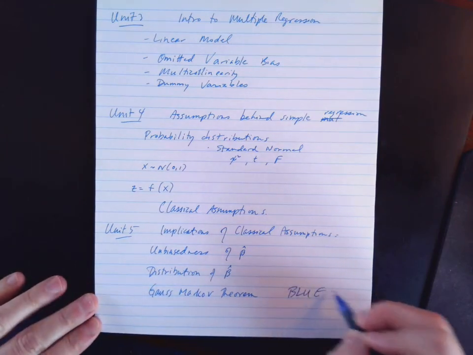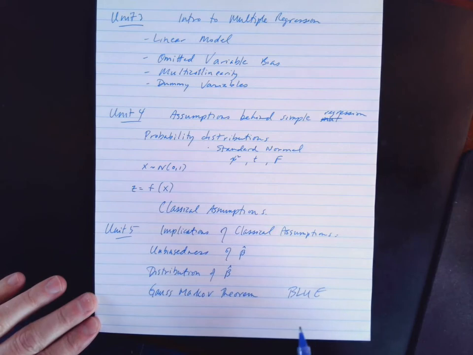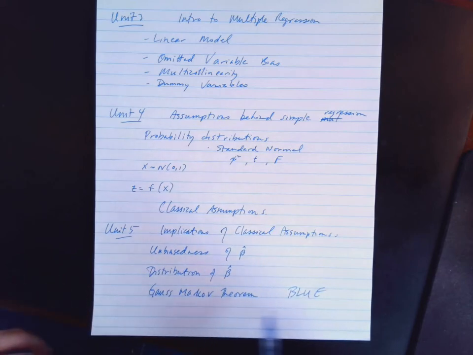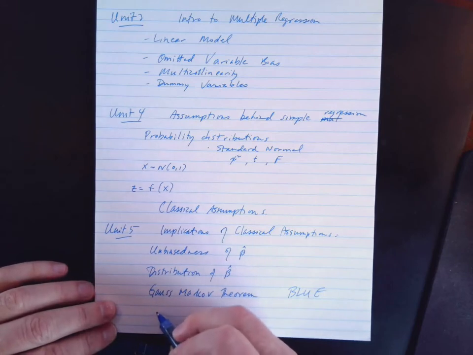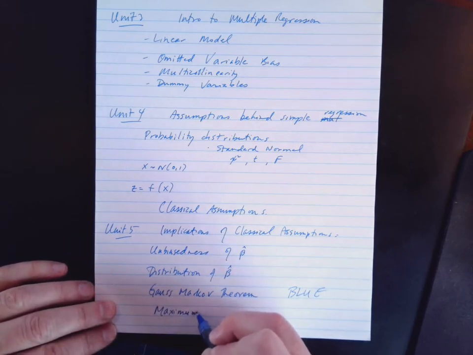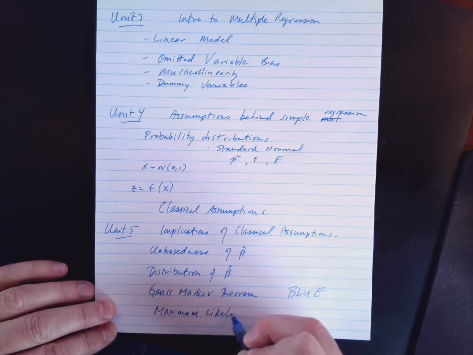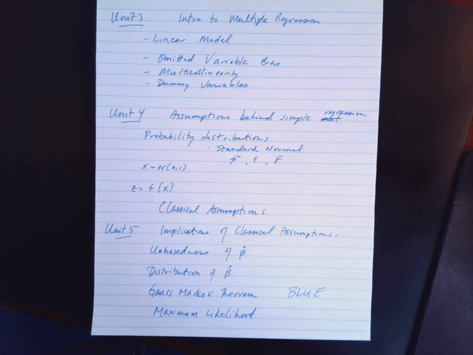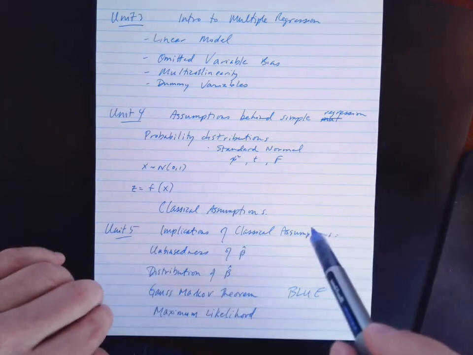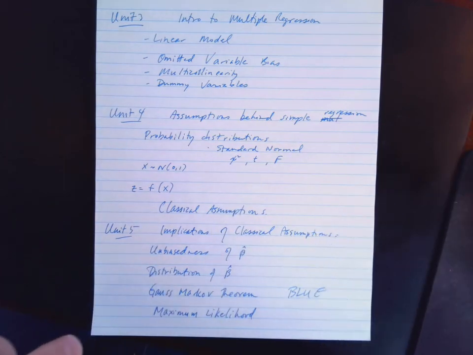And you want to make sure you know what BLUE stands for. That's associated with the Gauss-Markov theorem. And then one of them we talked about, didn't really pursue very much, is the idea of maximum likelihood. I mentioned a few minutes ago that when you're picking the best estimator, you're either maximizing something or minimizing something.